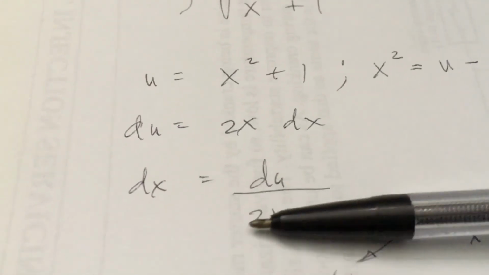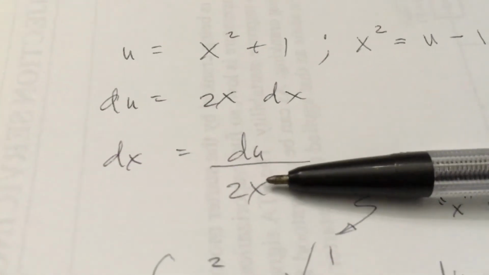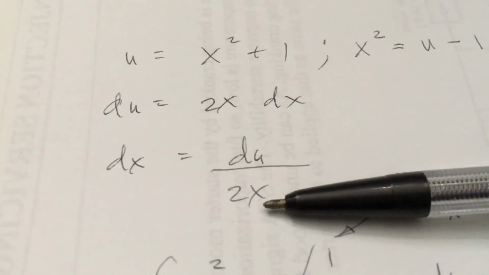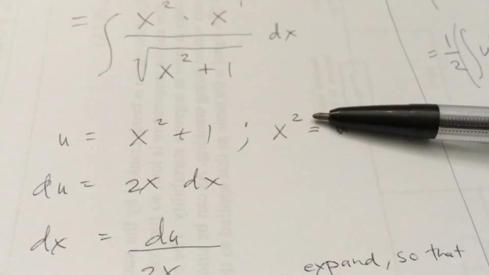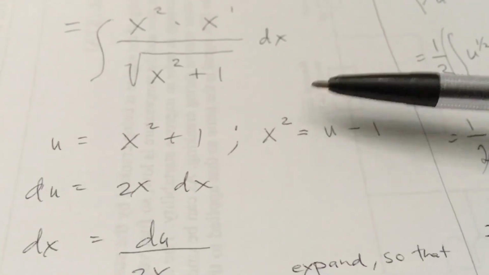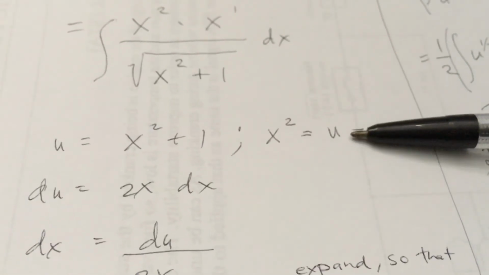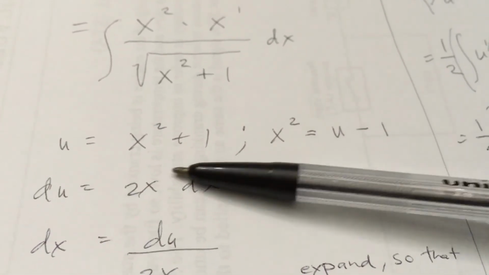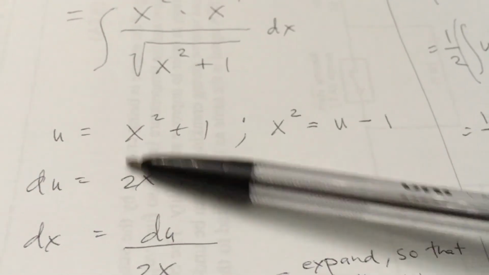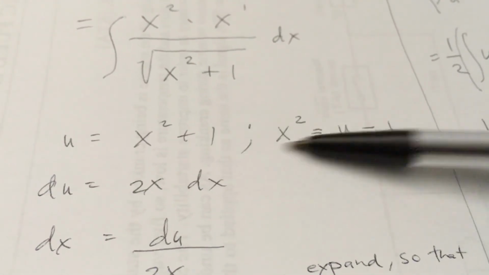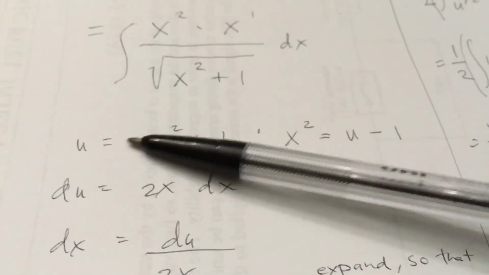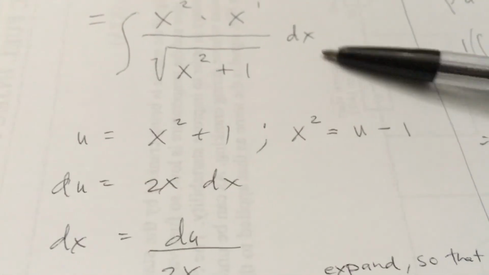Get the dx value, that will be du over 2x. And we will also get the value of x raised to the second power, which is u minus 1. You will just have to transpose the 1, because if you transpose that across the equal sign, it will become a negative 1.